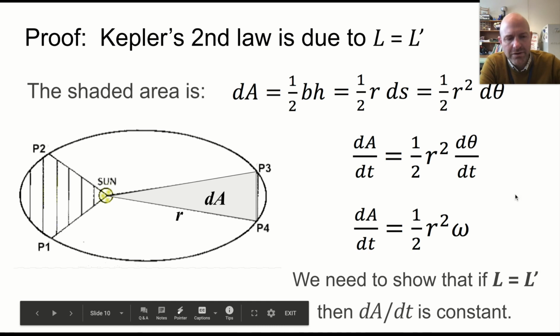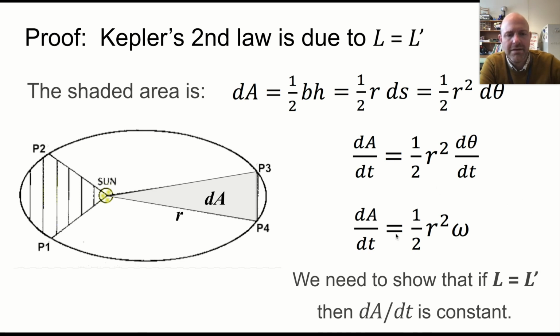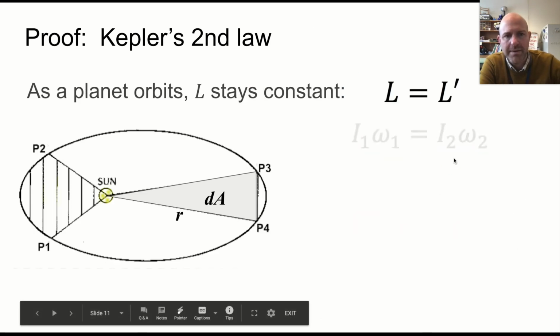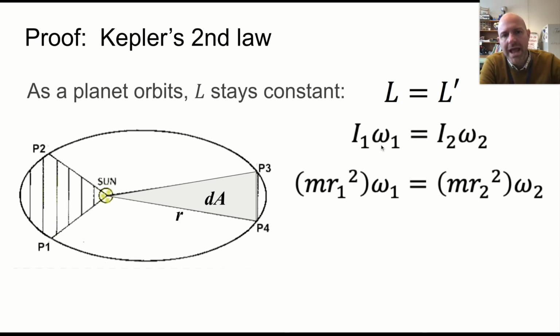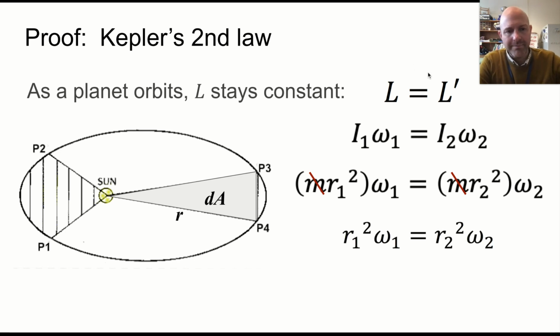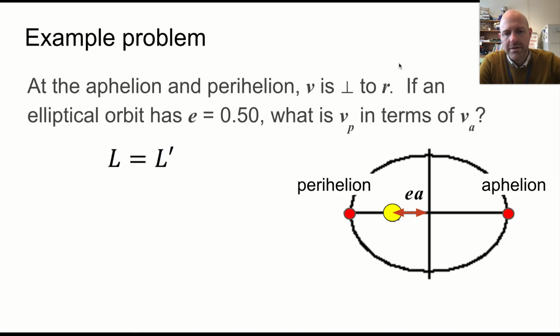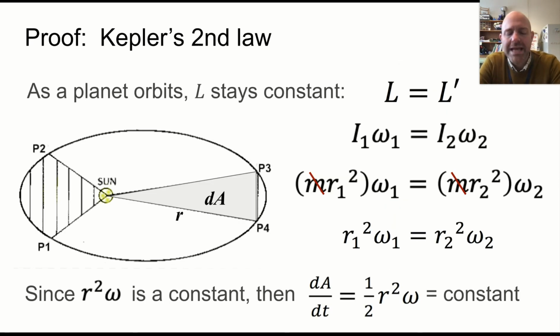Well, if the angular momentum is constant, then I1 omega 1 equals I2 omega 2. And we're talking about a point particle here, so I is m r squared. So we end up with r squared omega for 1 and r squared omega for 2 being equal to each other. And that means dA is a constant, because dA over dt is one half r squared omega, so that has to be a constant.